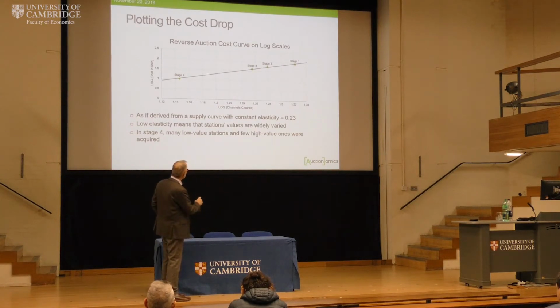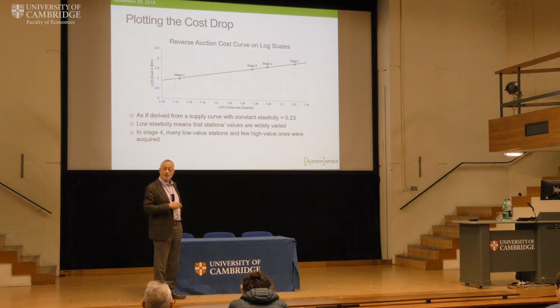It's on a nice linear scale, except that going from 10 licenses to 9 licenses to 8 licenses to 7 licenses, we have really quite a drastic drop in the cost because we have so many fewer channels to clear.